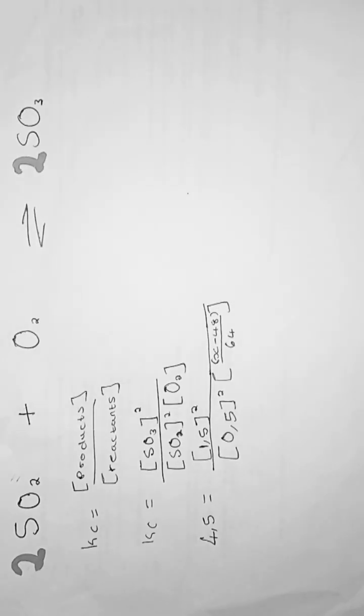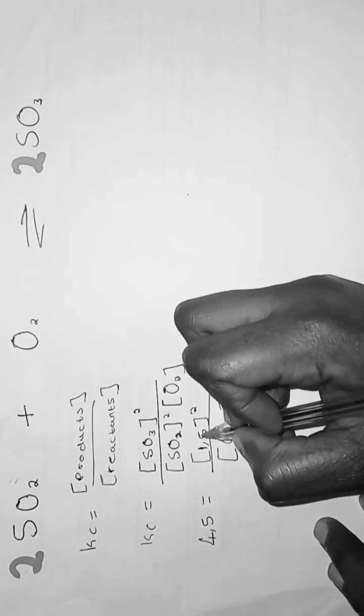After that, I am going to use my calculator to find all the squared values. 1,5 squared is equal to 2,25.